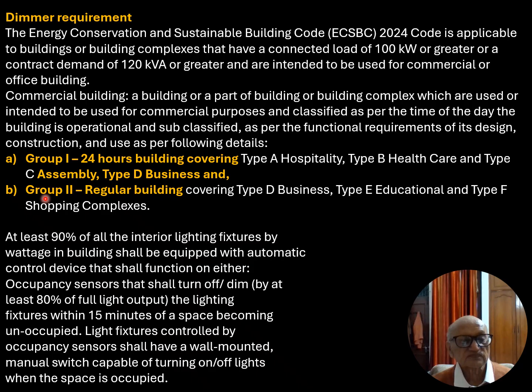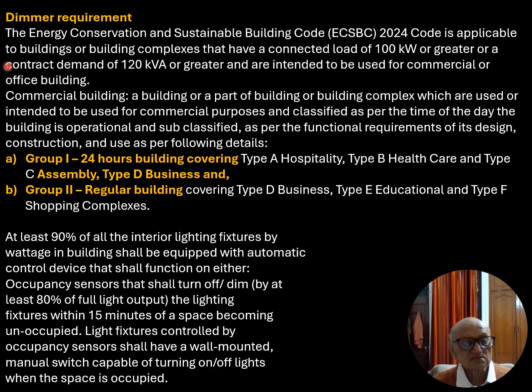In group two are regular buildings which have fewer working hours, 8 to 10 hours. Most buildings are of this type: business buildings, educational buildings, shopping complexes. Of course, shopping complexes require lighting in night hours after evening.